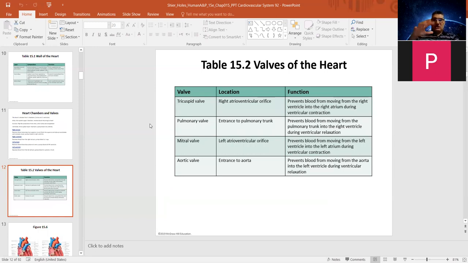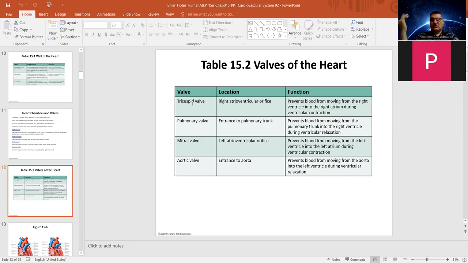Now, I already mentioned how the blood moves from chamber to chamber, passing through these valves. The function of these valves, we don't have to go through one by one, because all of them are doing the same function. It allows the blood to move in one direction only and prevents it from coming back. That's it.